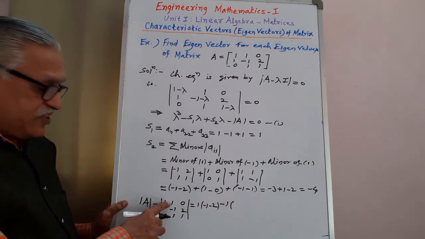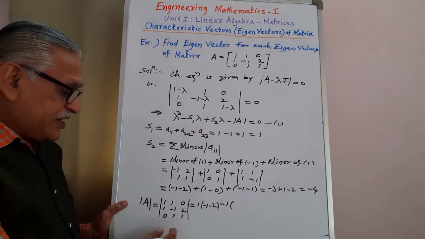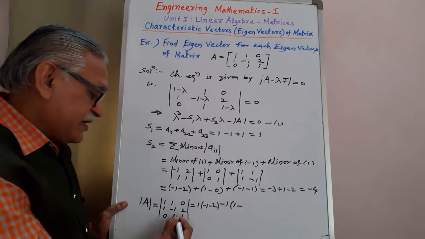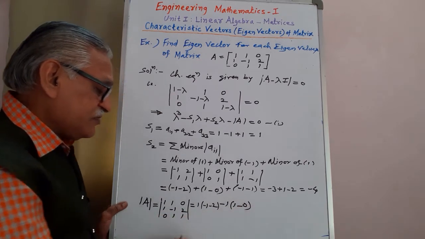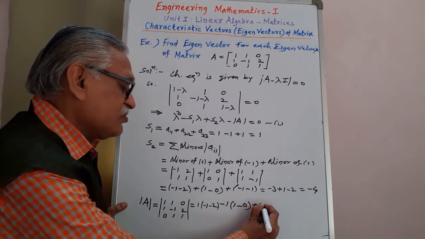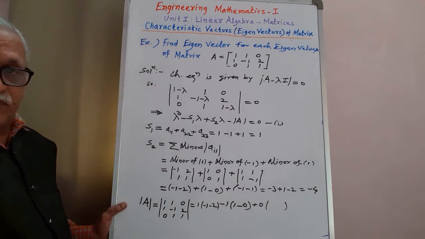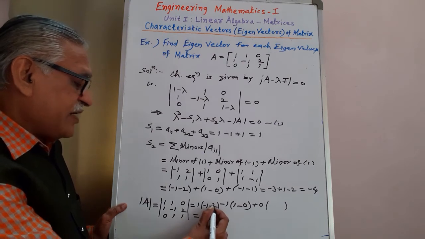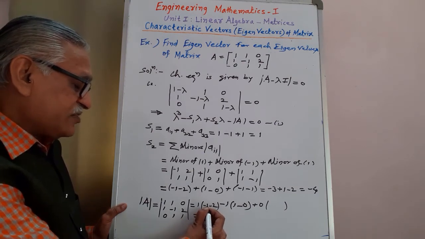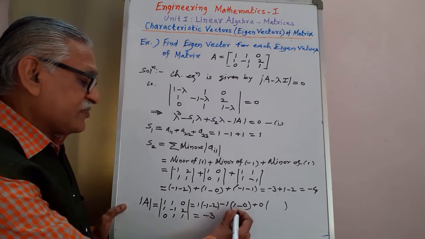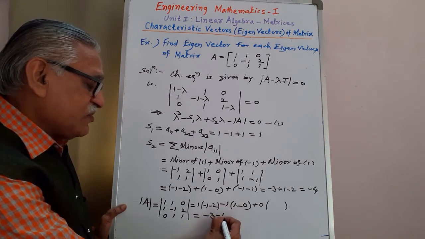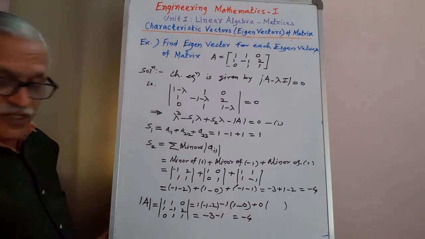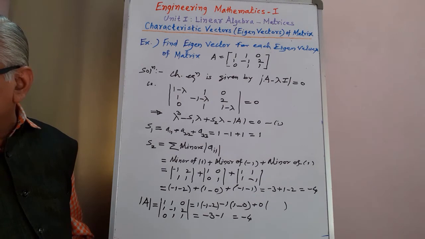Second with minus, and 1, neglecting the row and the column containing it, the determinant of 1, 2, 0, 1: 1 into 1 we get 1, minus 2 into 0 we get 0, and plus 0 into any value we get 0. And therefore it equals minus 3 into 1 we get minus 3, this one is minus 1 plus 0, and therefore that value is minus 4. The determinant's value is minus 4.